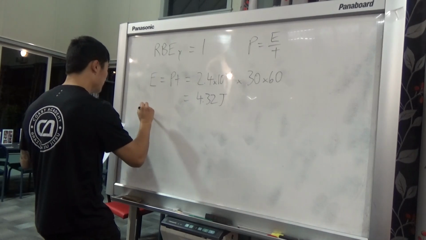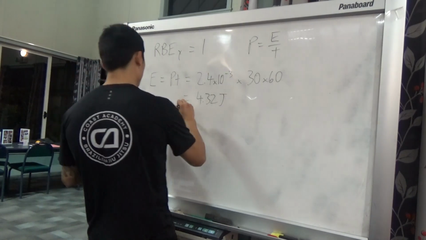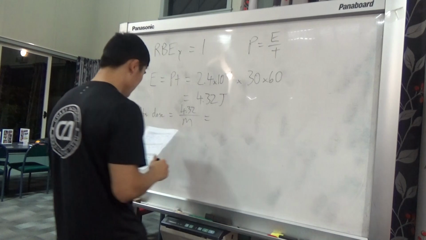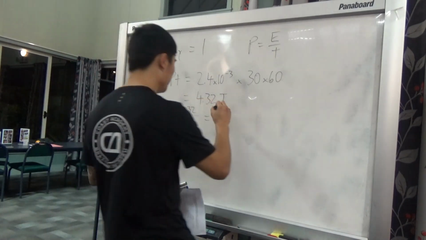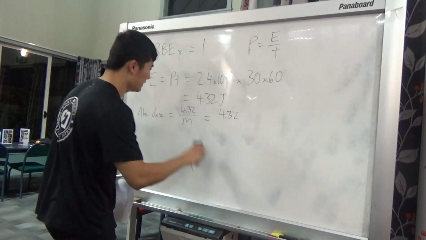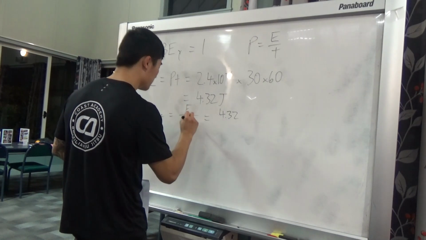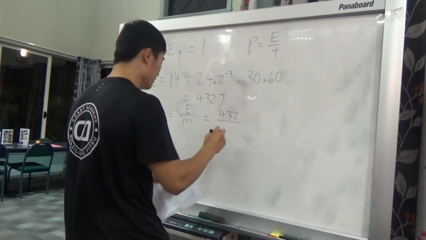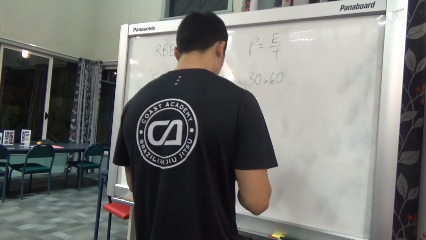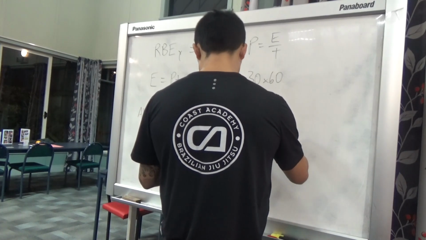Absorbed dose is equal to 4.32 divided by the mass. So 50 grams is equal to 0.05. Oops, so that's energy over mass. So 4.32 joules divided by 0.05 kilograms.